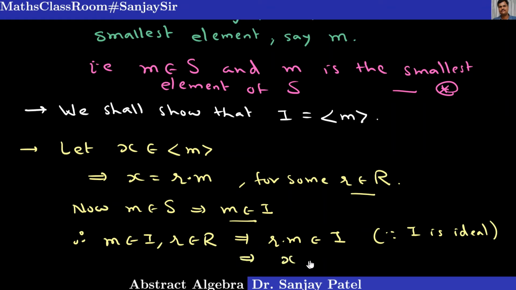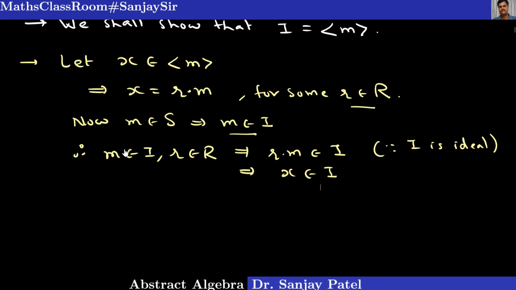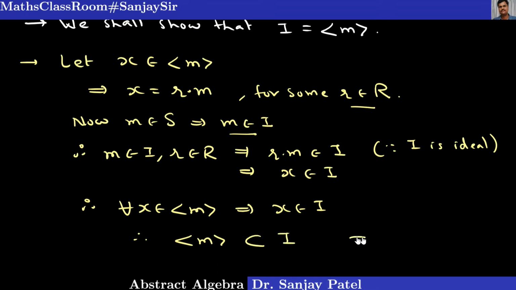It is X. So X belongs to I. What have I proved here? Whenever X belongs to this set, X also belongs to I. So for every X in this set, X belongs to I, and therefore this set is a subset of I. That is our first result.